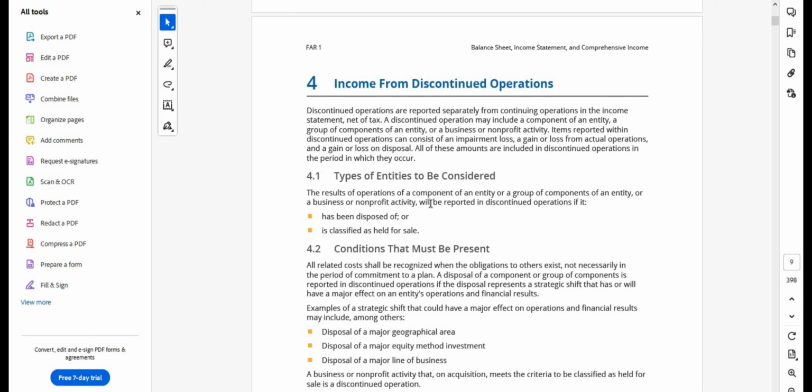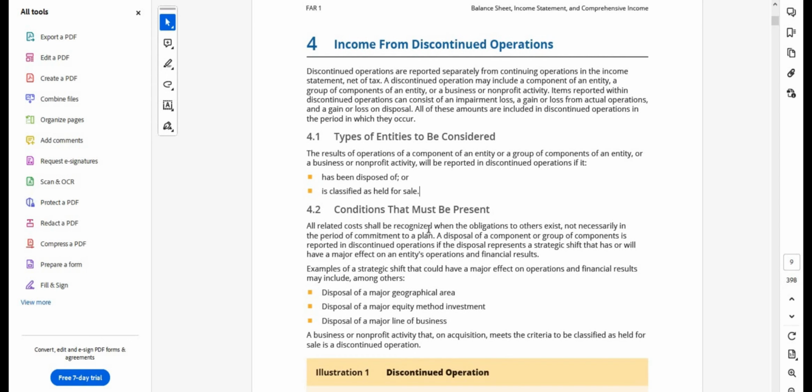So when will these discontinuing operations be reported? These discontinuing operations will be reported if the business has been disposed of or is classified as held for sale. Means if the business has been sold off, then we will show discontinuing operation, or if the management is planning to dispose of the business, then also we will classify it as held for sale.